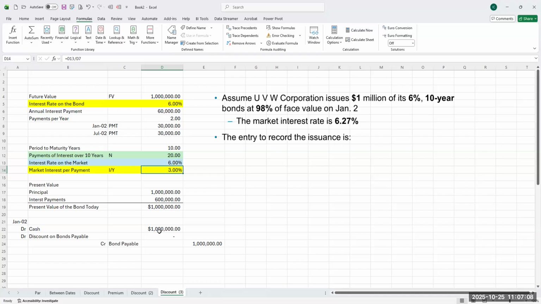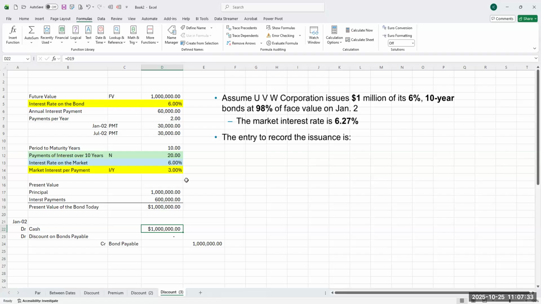As you can see, if the market rate is equal to the interest that we're paying on the bonds, or 3% per payment, which is $30,000, then there will be no difference between the present value of the bonds today and the future value that we have to pay after 10 years.